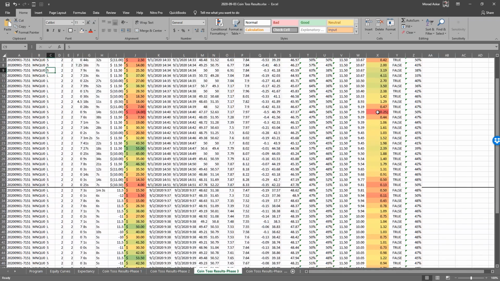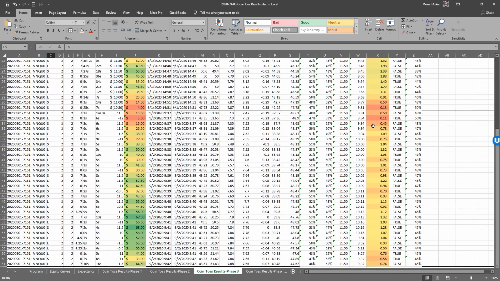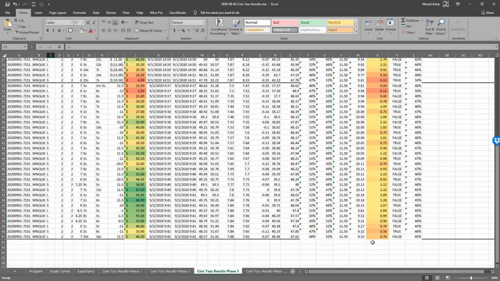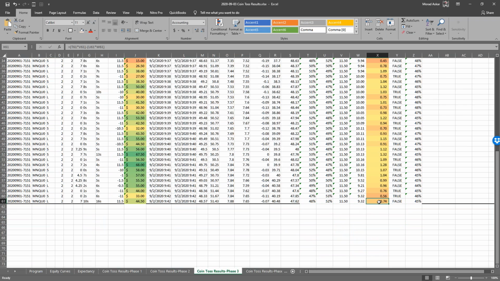And as we run through the trades, it's not too bad staying in the yellow. We finished the day on random entries on a plus 0.74 expectancy, 75 cents per trade.